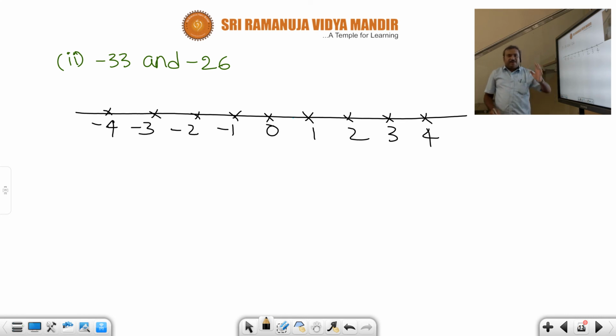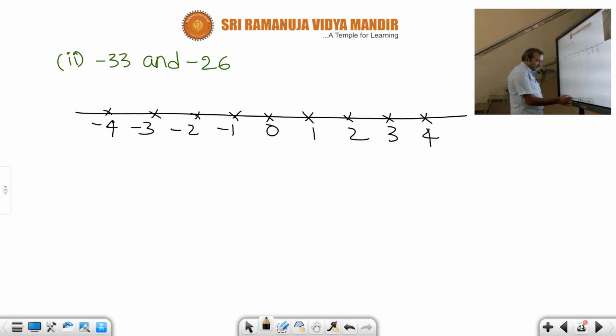So now you have to find the set of integers between -33 and -26. How to calculate those integers? As usual, -1, -2, -3, -4, -5, -6, -7, -8, like that. If you proceed like that, these are minus 26 and minus 33.